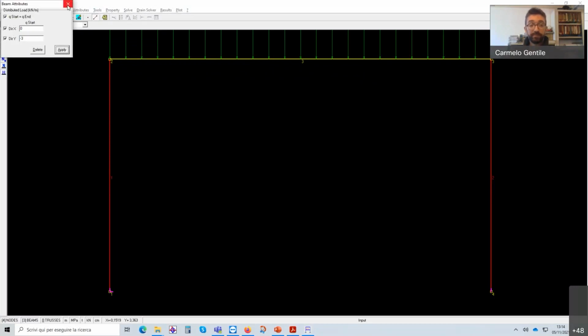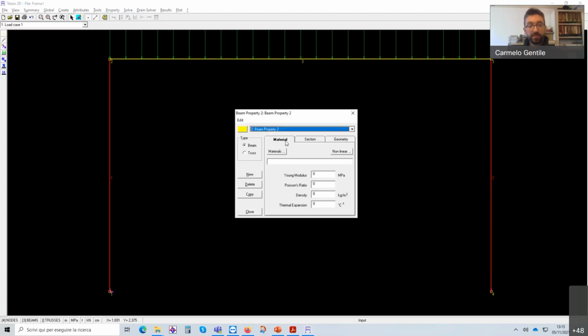It's not so weird. This is fine. All the elements do not have any internal hinge. That's right. We have to impose the properties.